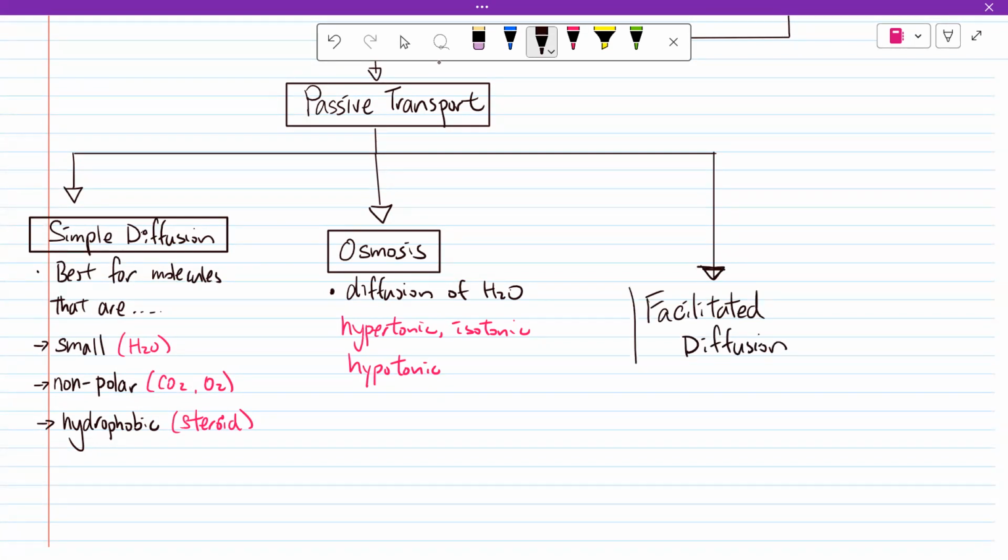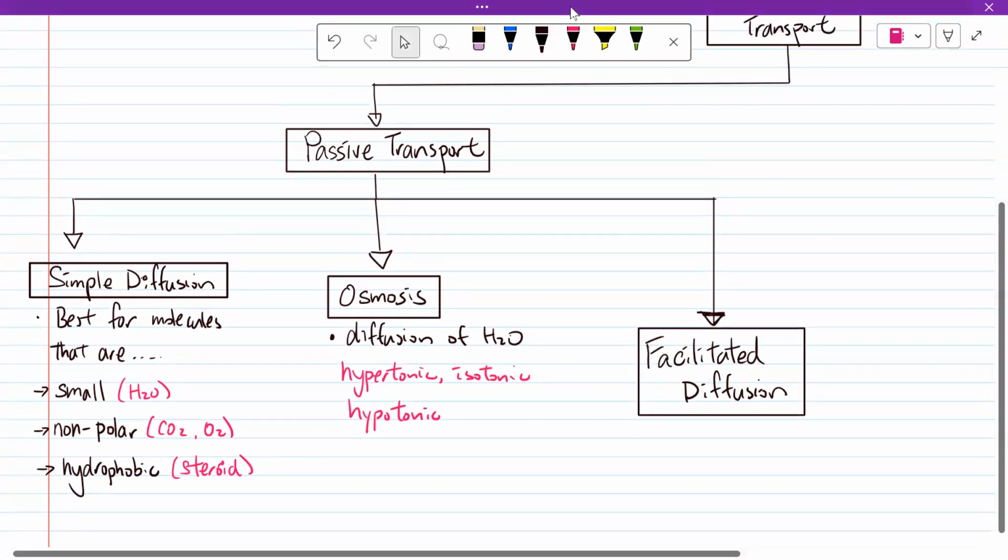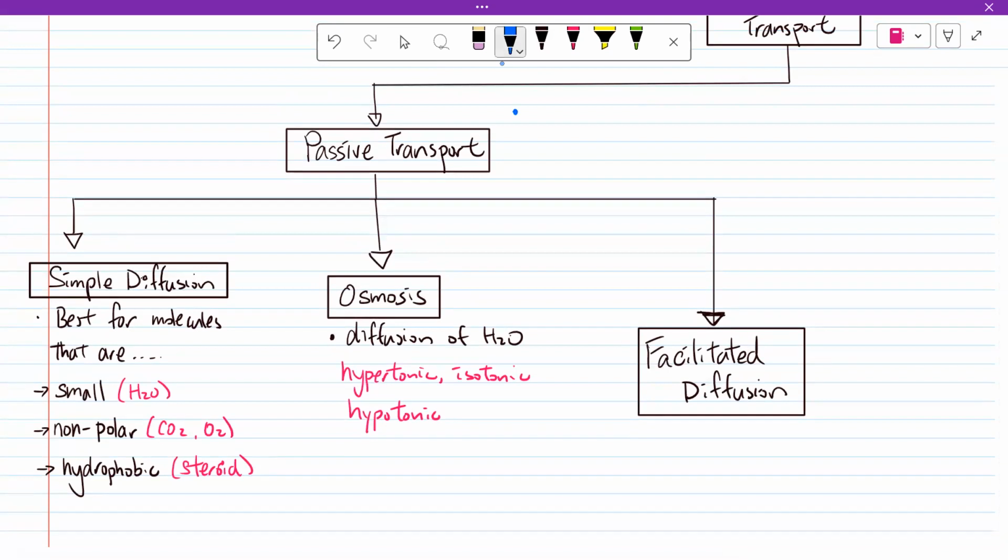It's still passive transport, which, sorry, I should have put down here. Passive transport is no ATP is needed, and it's going from high concentration to low concentration, right?